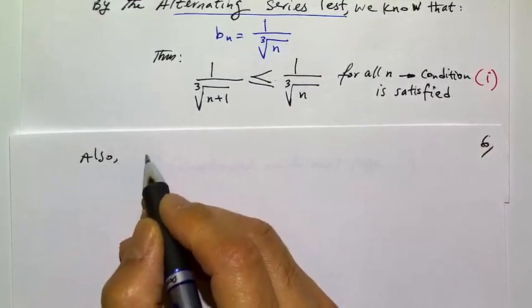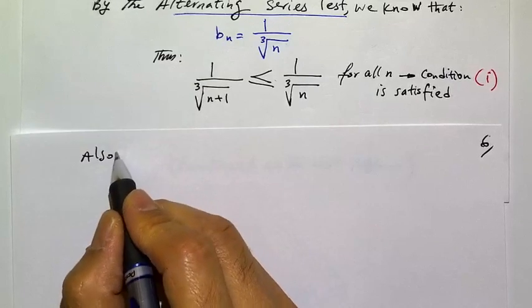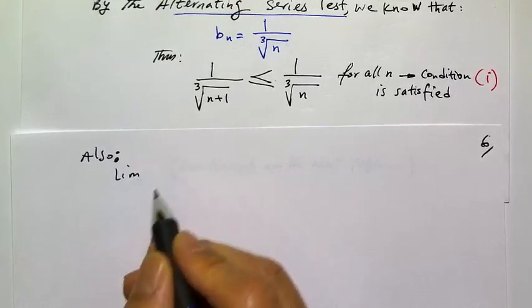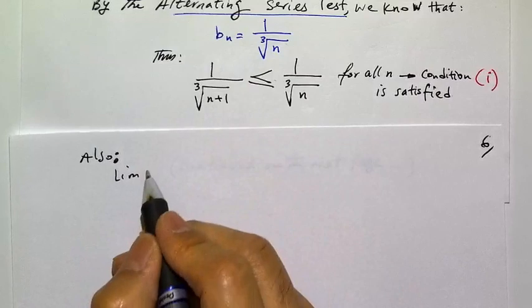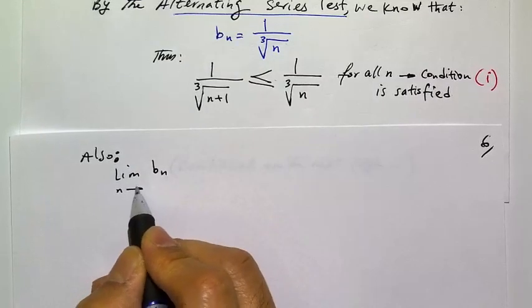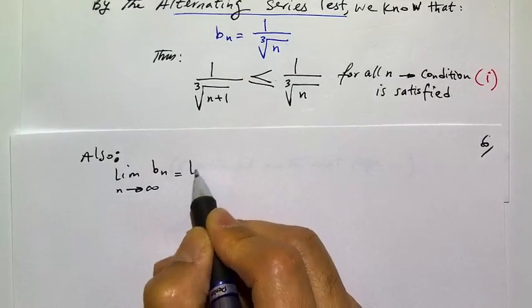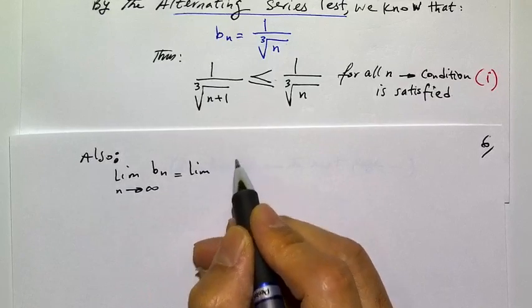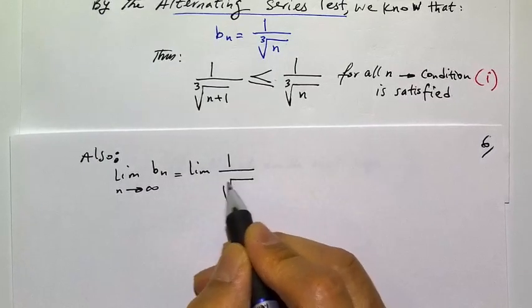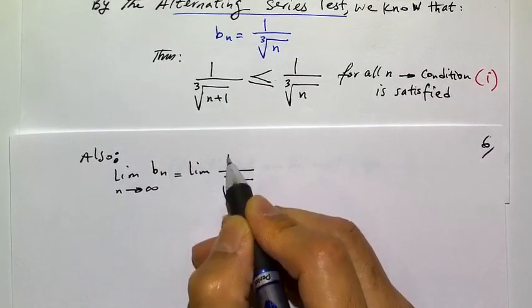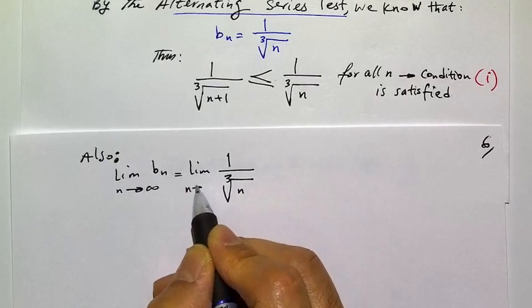Also, the limit of Bn as n goes to infinity is equal to the limit of 1 over the third root of n as n goes to infinity.